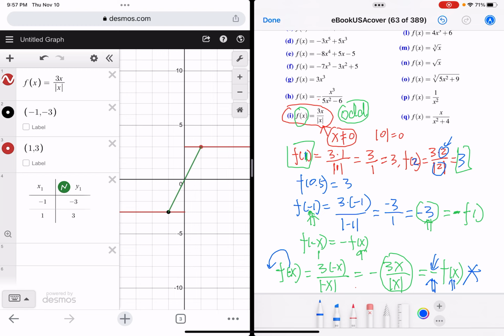Like here, I did for negative 1. You may also do negative 2 or something to check it. All right? So the algebraic way and the geometric way, you want to understand. All right? Okay, I'll see you next time.